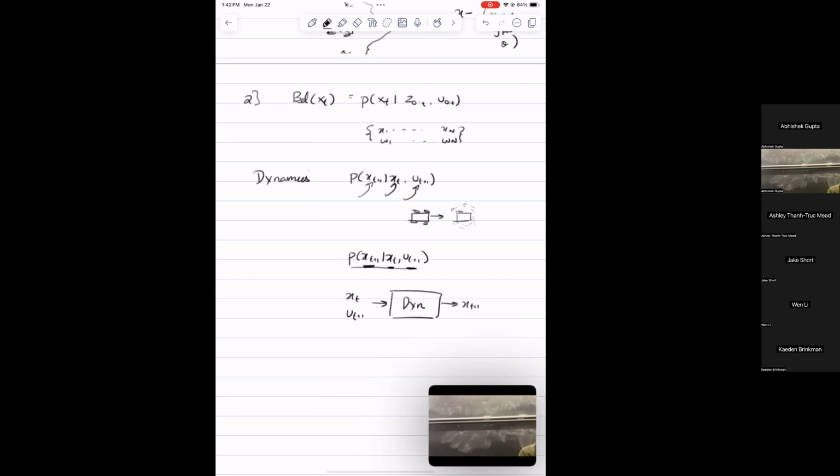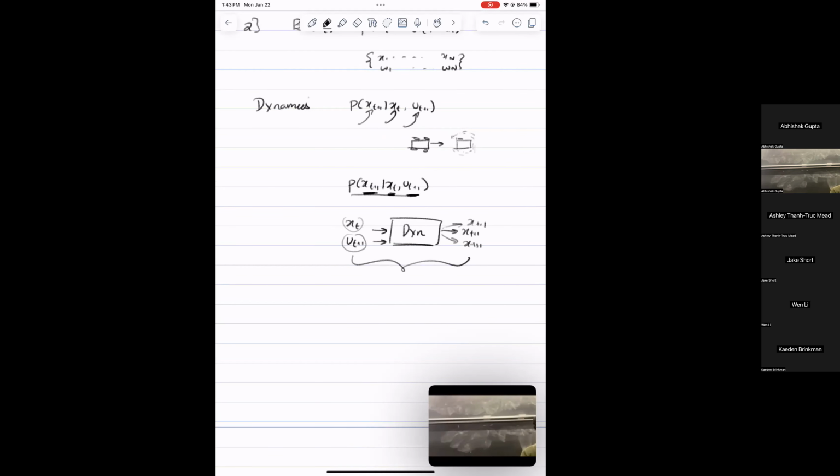So xt and ut plus 1 go in, and it gives you a different xt plus 1 every time you run it, something slightly different. In your homework, you have a stochastic function where you stick in xt and ut plus 1, and you get xt plus 1. So your dynamics model takes in your previous state and a ut plus 1 and gives you an xt plus 1. Is that clear?